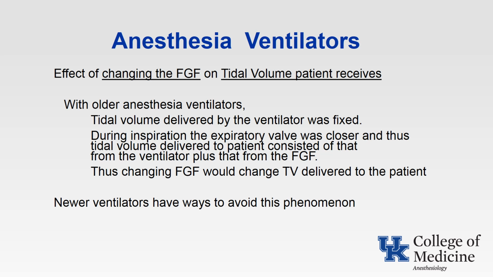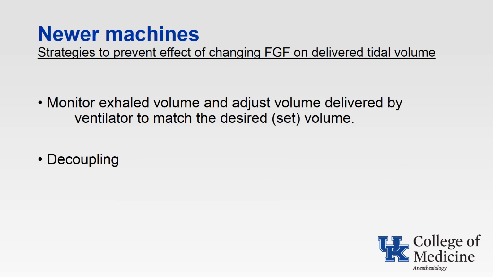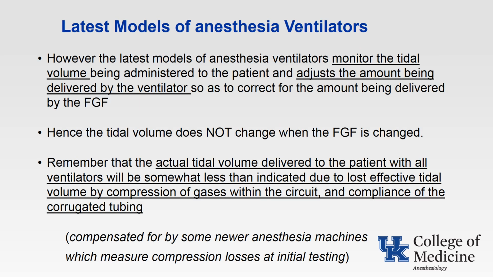Thus, changing fresh gas flow would change the tidal volume delivered by the ventilators. Fortunately, newer ventilators have ways to avoid this phenomenon, which we will next describe. They do this in two ways. One is to monitor the exhaled volume and adjust the volume delivered by the ventilator to match the set volume. The second method is decoupling.